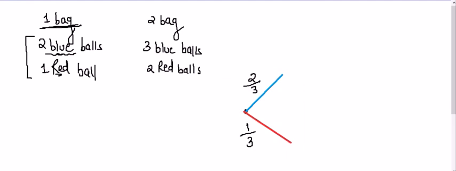Now I have to select one ball from the second bag. I have selected one ball from the first bag and I have seen their probability. Now let me see what will happen. How can I select the balls from the second bag? If I have selected a blue ball from the previous bag, I can select either a blue ball or a red ball.